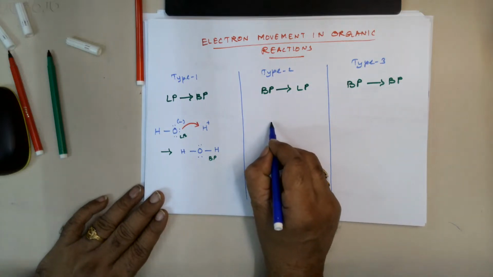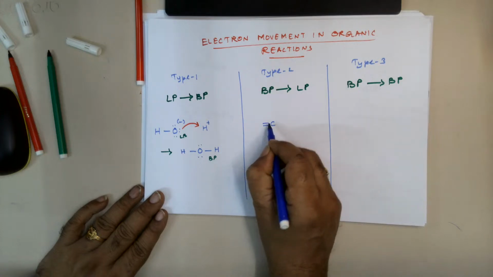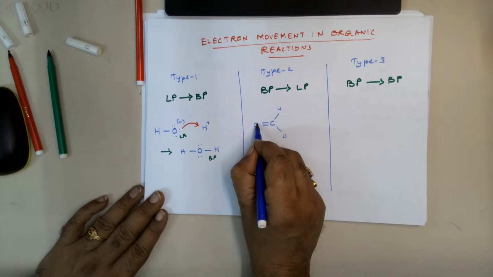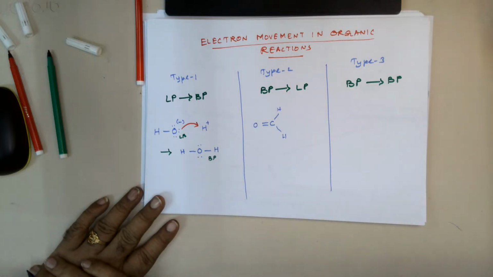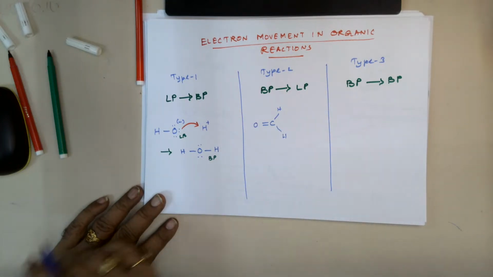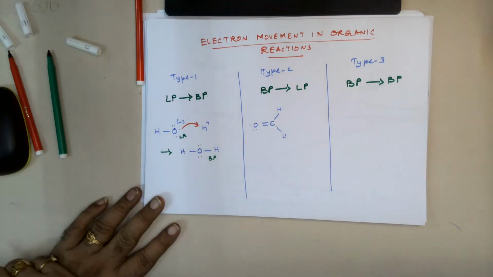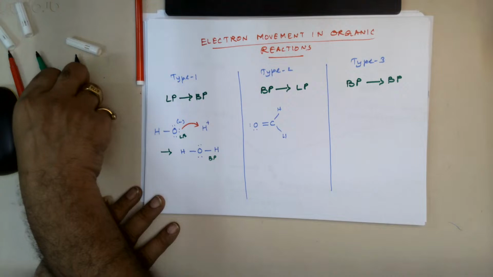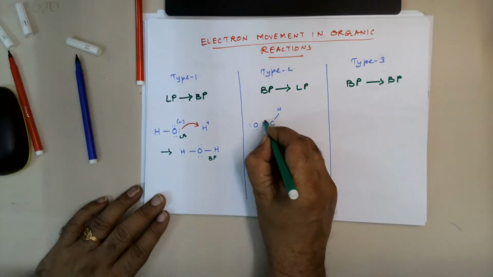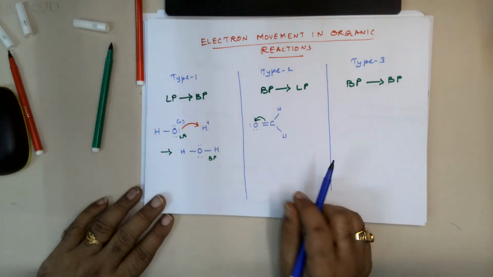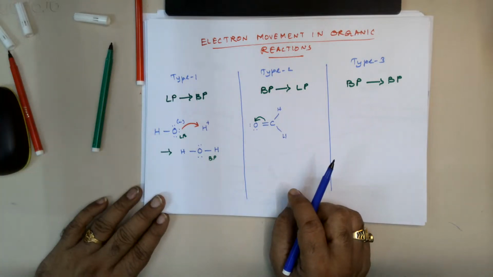Now let me consider formaldehyde, HCHO. It has got 2, 4, 6. Now the bond can move here, got it?